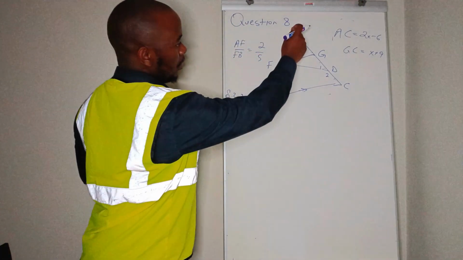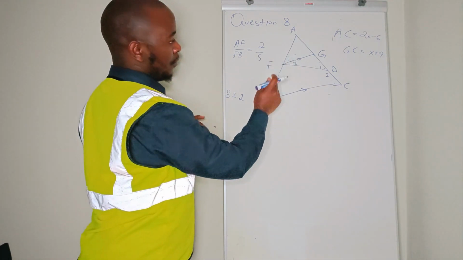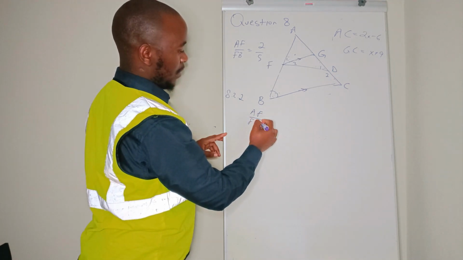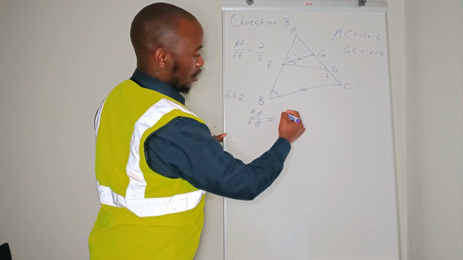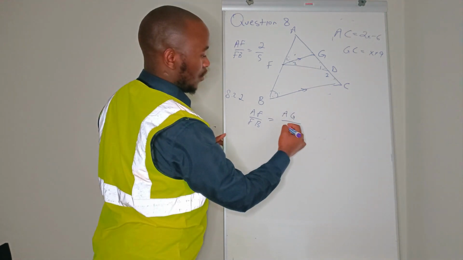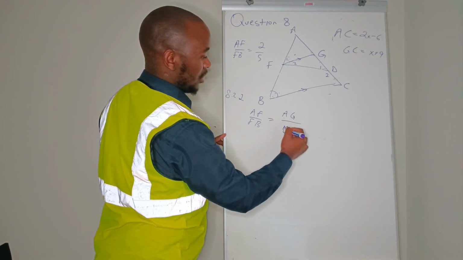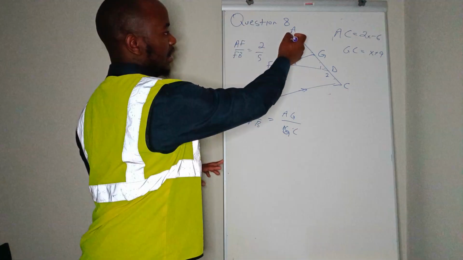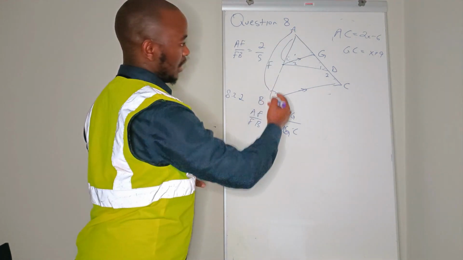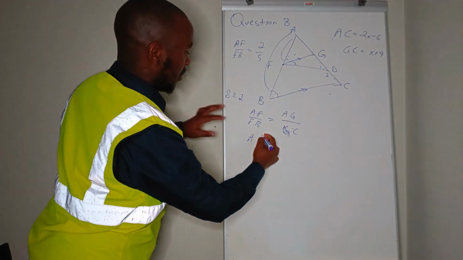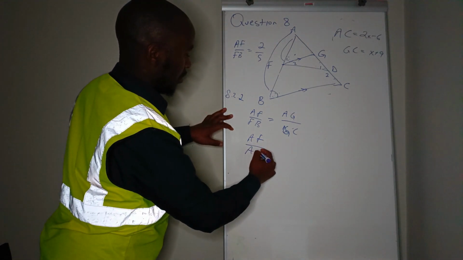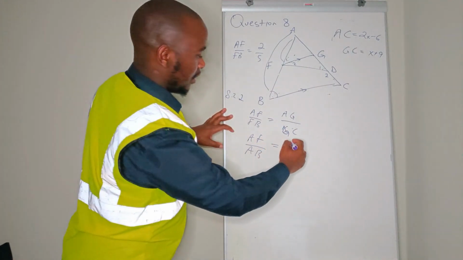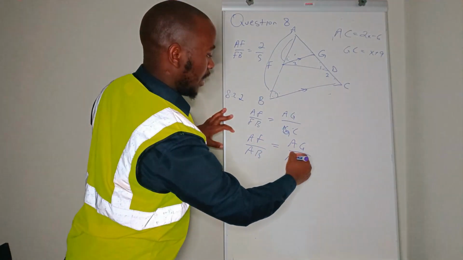The ratio between AF and FB should be equal to the ratio of AG over GC, or the ratio of, we take this one and make it over this one, AF over AB should be equal to, same thing on the other side, AG over AC.